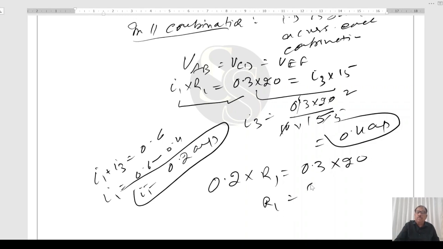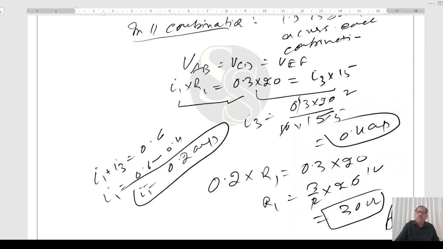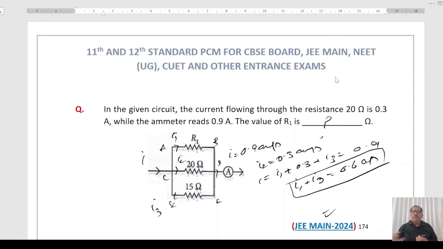R1 comes out to be 3 by 2 into 20, that is 30 ohm. That is the value of R1. Fill in the blanks will be 30 ohm. Right?